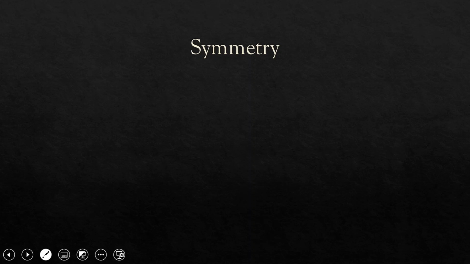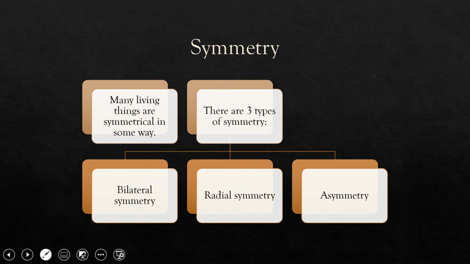Now we're going to get into the idea that I talked about earlier, and it's that things are symmetrical, or they have symmetry. Now, what exactly is symmetry? Now, we know for a fact that many living things are symmetrical in some way. And there are 3 main types of this symmetry.